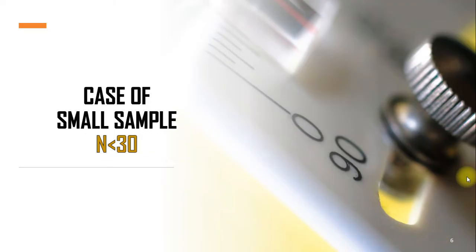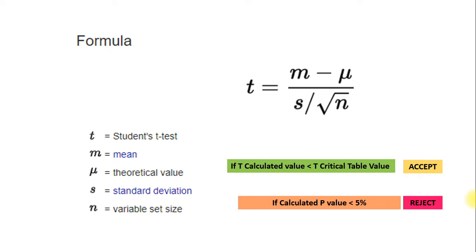Moving ahead, the next thing is the case of a small sample. If my n is less than 30, the sample size is less than 30, I have to use the t-test. The t formula is t equals m minus mu upon s divided by under root n. M is my sample mean, mu is the population mean, small s is the sample standard deviation, and n is the sample size.